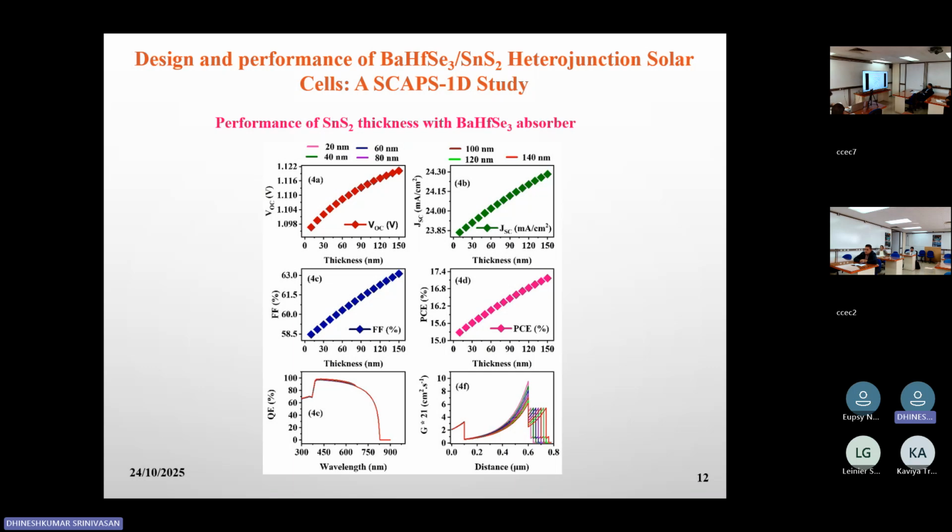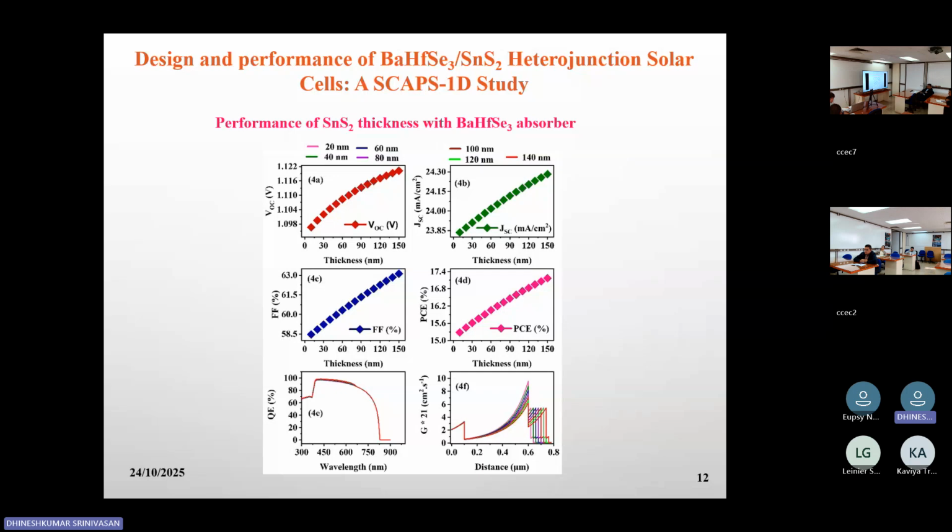in the thicker SnS2 layer. The trend is confirmed by the external quantum efficiency data, which shows a strong spectral response in the visible region and highlights the improved charge generation. The fill factor rose from 58.47 percent to 64.38 percent with increasing buffer thickness, linked to reduced series resistance and smoother current flow through a more uniform junction.